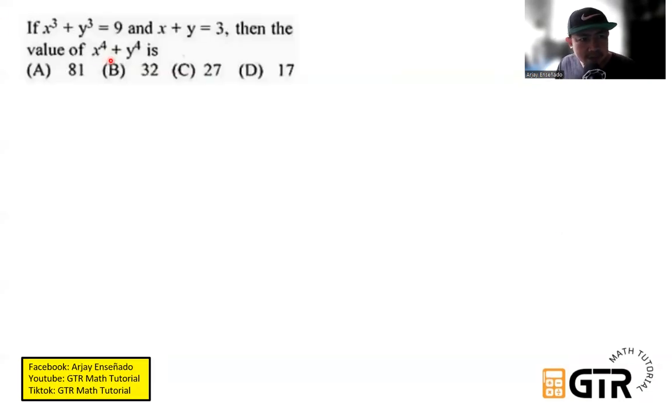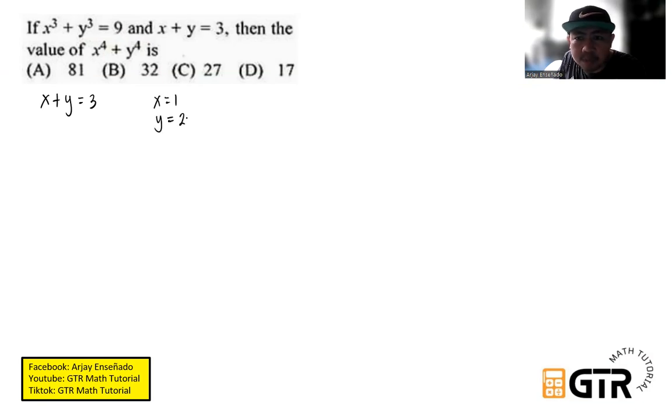Okay, let's answer. By trial and error, we can easily find the solution because x plus y equals 3 and x cubed plus y cubed is equal to 9. If we try x plus y equals 3, x can be 1 and then y equals 2.